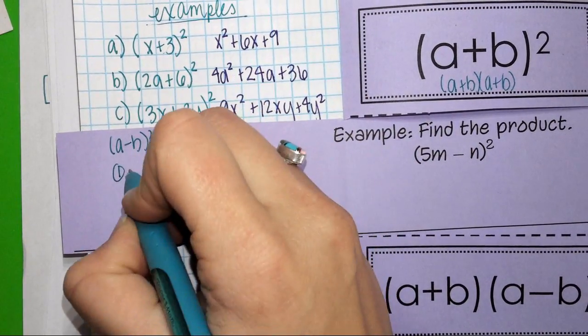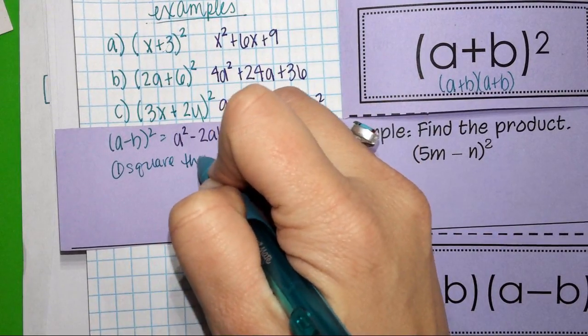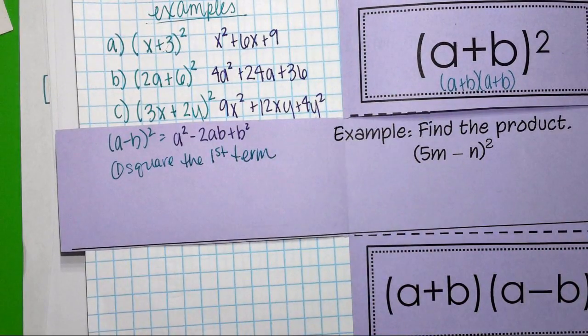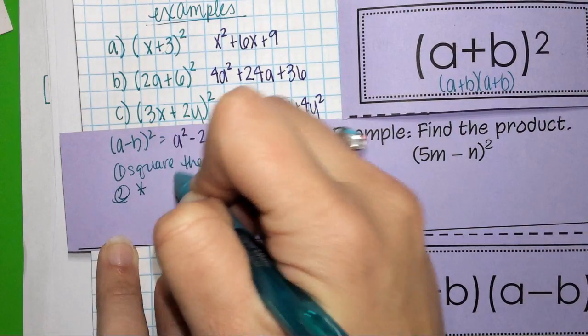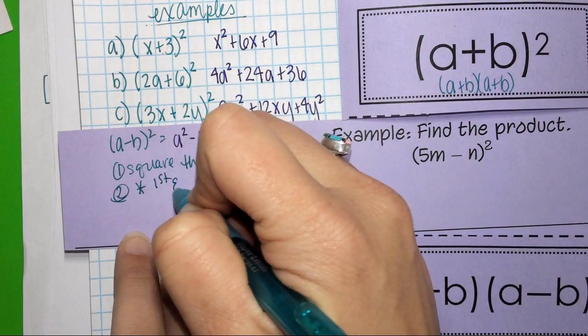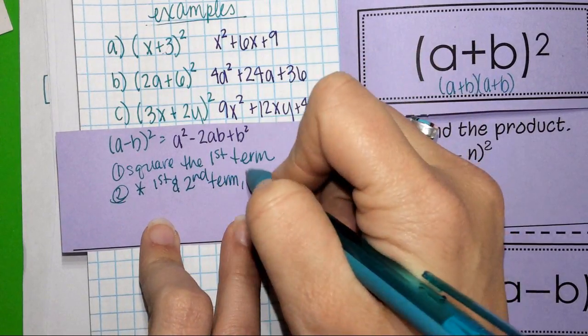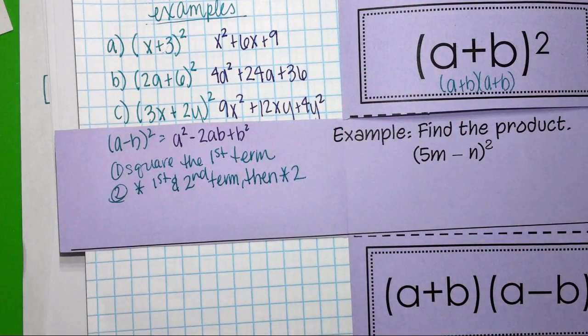All right. So the first step is still square the first term. The second step is still multiply first and second term, then times 2.